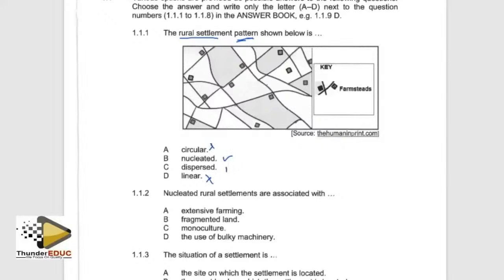Here we have an isolated farmstead, and you can see that they are far away from each other. If the settlements are far away from each other, we say it is dispersed. Therefore, it becomes C.